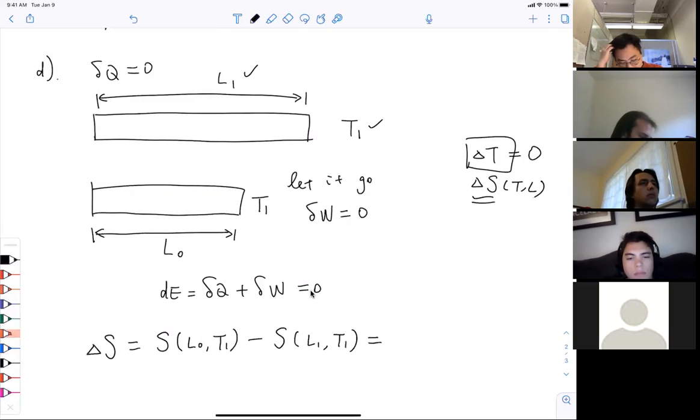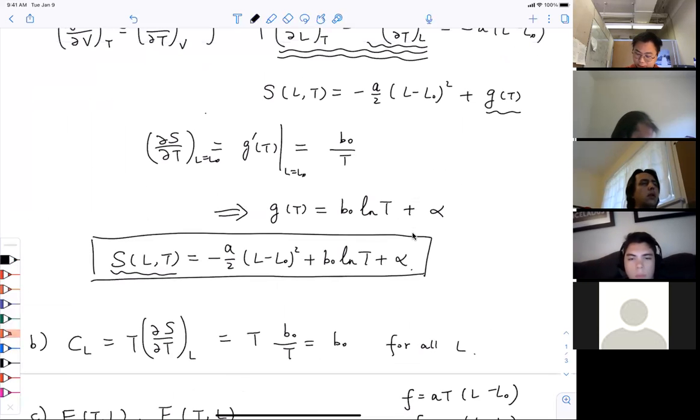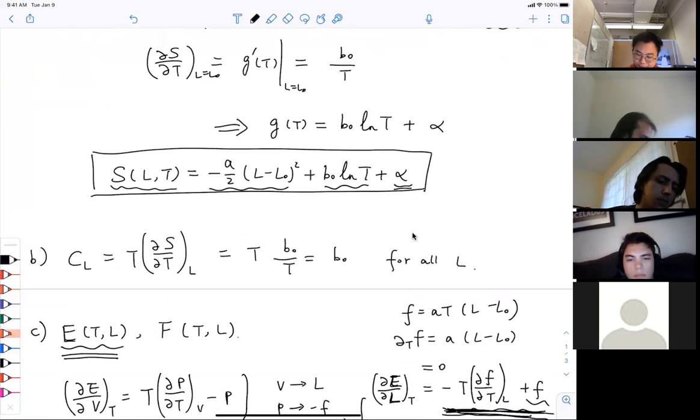We plug in the expression for the entropy. The constant cancels out because you have the same temperature, and the second term also cancels out, so you only have the first term.